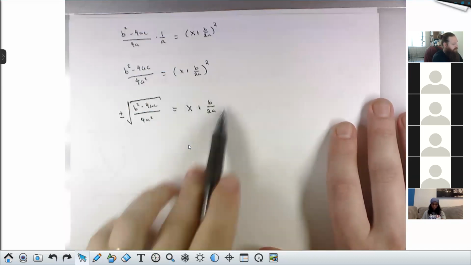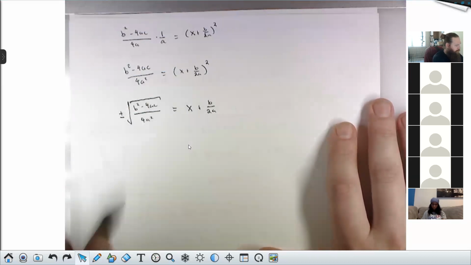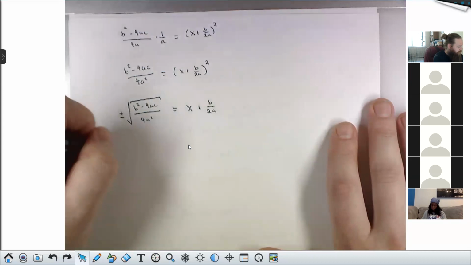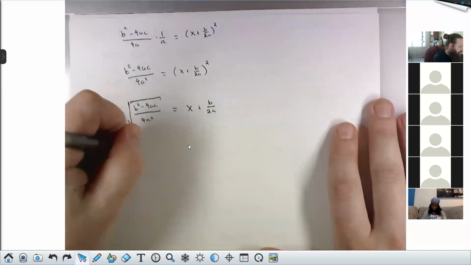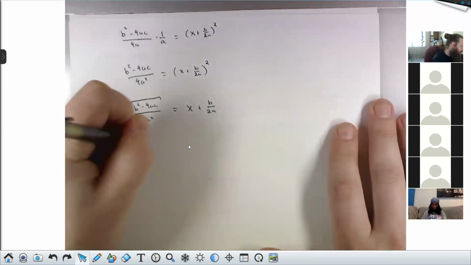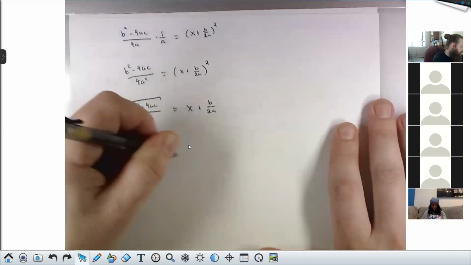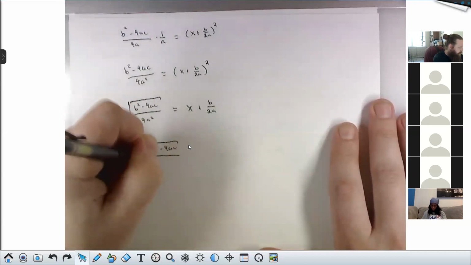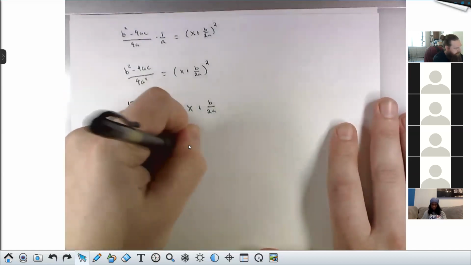I'm going to subtract this term over here and also give the square root to the top and bottom separately. So this will be negative b over 2a, this term subtracted over, plus and minus square root of b squared minus 4ac all over the square root of 4a squared. This is now equal to x.